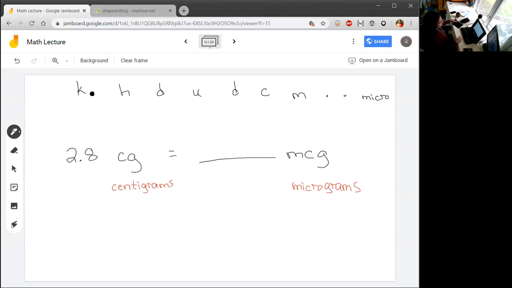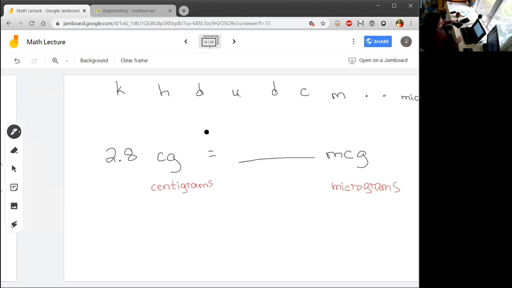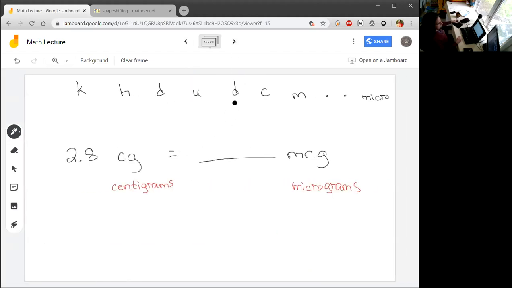I can't really change liters into meters. This picture shows that it was about how much water weighs, but still, they're kind of different things. I can't change length into volume or volume into mass or mass into length.